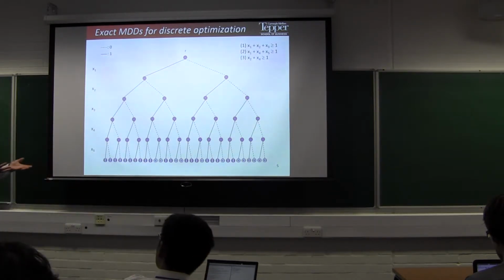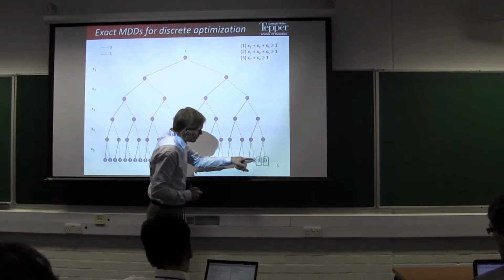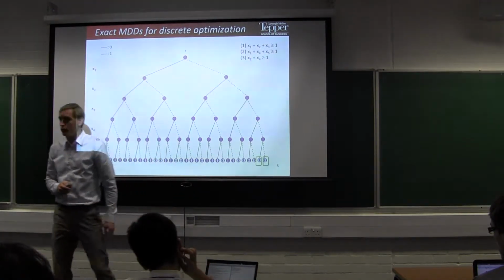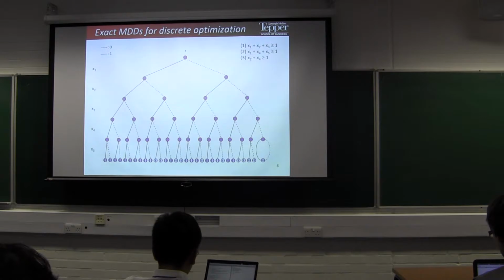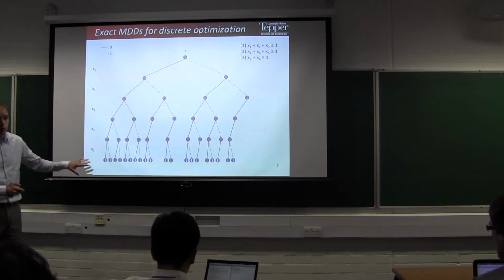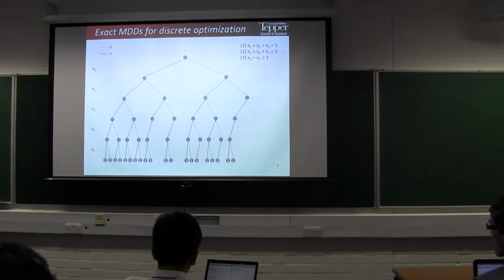If I were given this, I can now create my decision diagram by merging isomorphic subtrees. For example, I could merge these 2 little trees here, 0 and 0, because they're isomorphic, and now I have a smaller decision diagram. So I take the decision tree and turn it into a decision diagram. If I'm interested only in feasible solutions, I might as well just get rid of all the zeros and focus only on the feasible set, and then merge isomorphic subtrees.